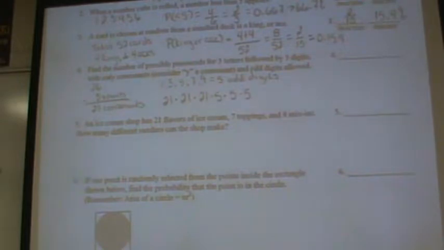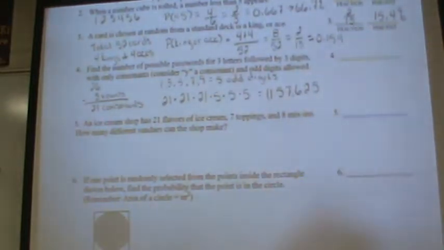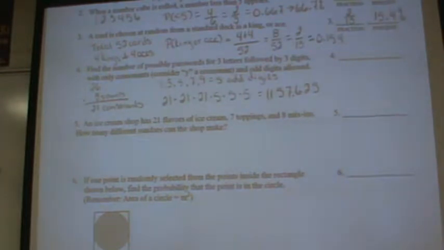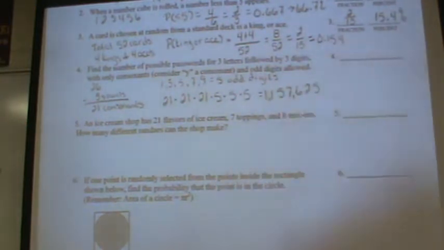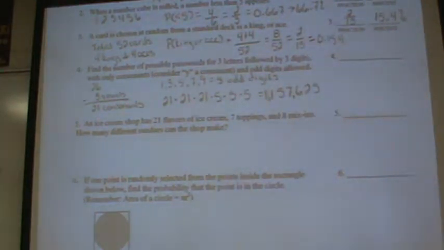And that'll give us the number of possible passwords. So we end up getting 1,157,625 different passwords. And that again is the fundamental counting principle.